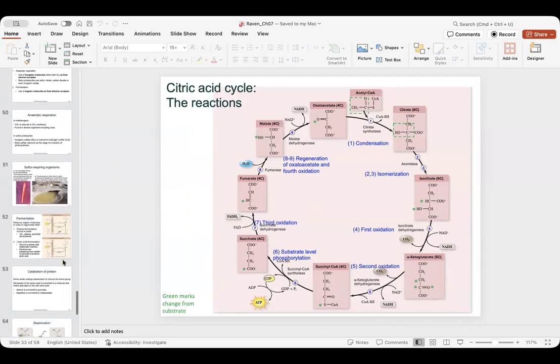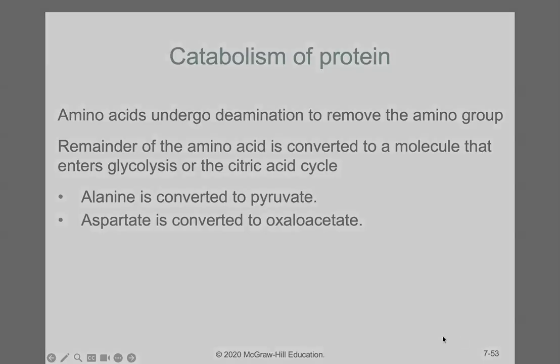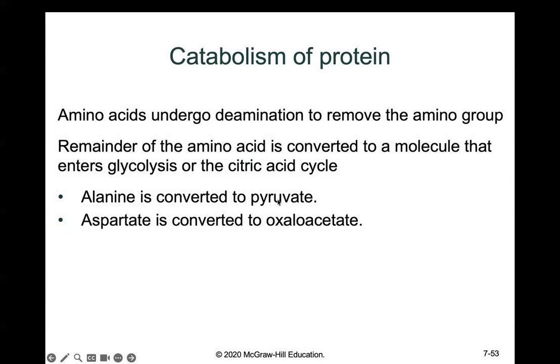So proteins or amino acids can actually be used to create ATP, not just glucose. Alanine can be converted to pyruvate. Aspartate can be converted to oxaloacetate, which is again in the citric cycle. So glucose is not the only molecule that can be used for respiration. You could also use proteins.